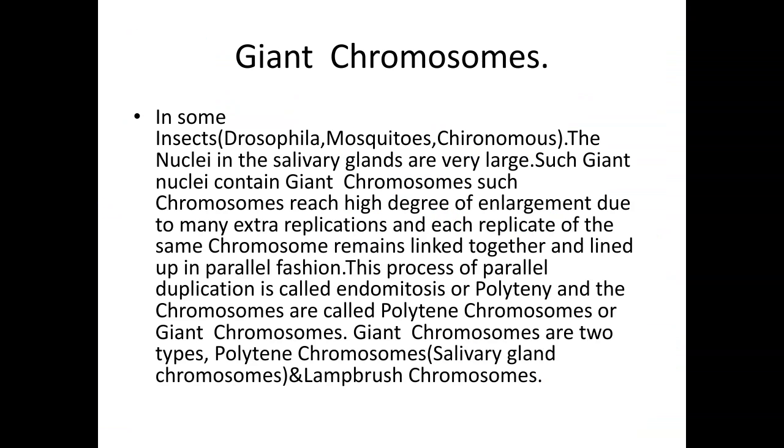Giant chromosomes in some insects such as Drosophila, mosquitoes, Chironomus, etc.: the nuclei in the salivary glands are very large in size. Such giant nuclei contain giant chromosomes.